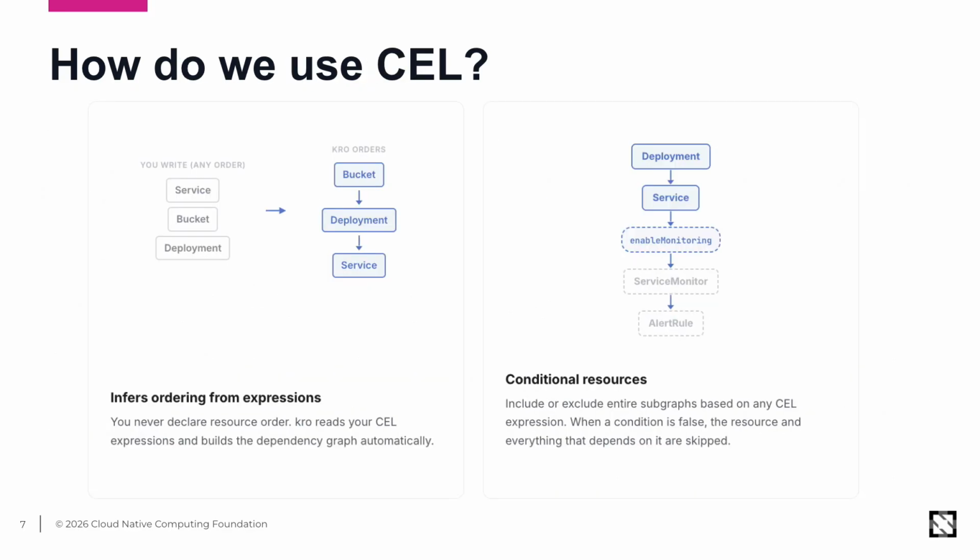Now, how do we use CEL? CEL is very special. CEL stands for Common Expression Language. It's a language written by Google to be very, very fast at evaluating once you have an expression. This is very powerful for us because we can use this expression engine as a baseline for all of our graph work.